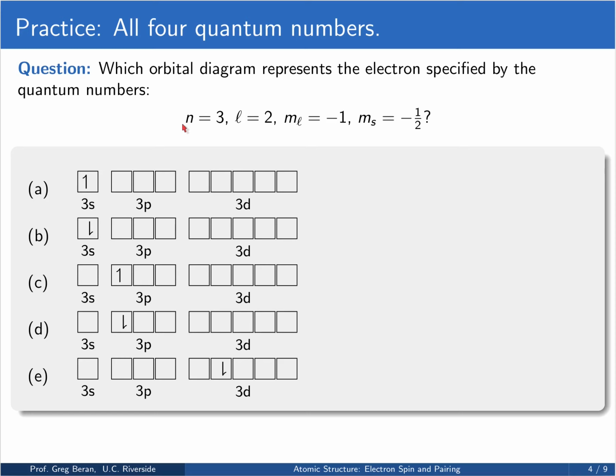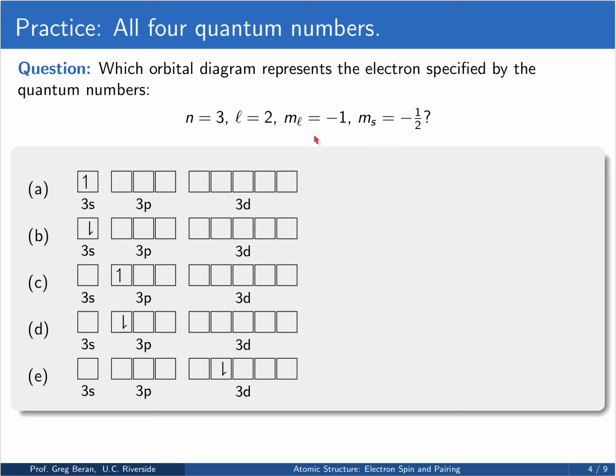Okay, so we know our principal number is 3, so we know it's going to be an orbital in the n equals 3 shell. L equals 2 corresponds to d orbitals, right? L equals 0 corresponds to s, L equals 1 corresponds to p, and L equals 2 corresponds to d. m sub L says it's going to be in one of the particular orientations.